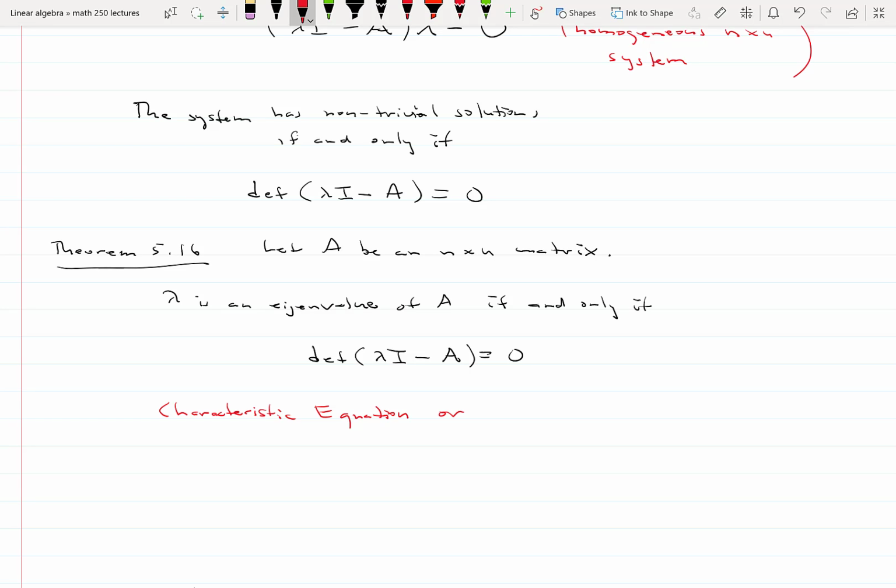The determinant itself is called the characteristic polynomial. Sorry about that. Characteristic polynomial.